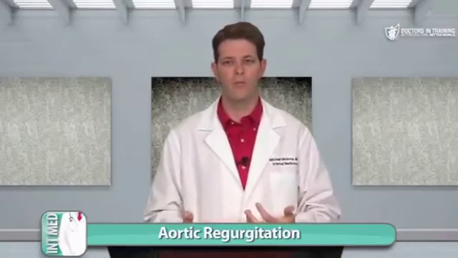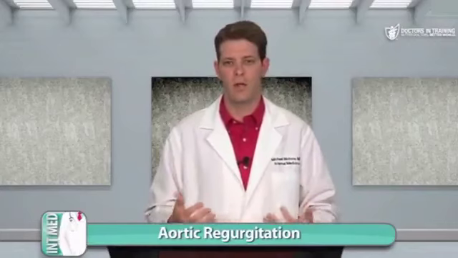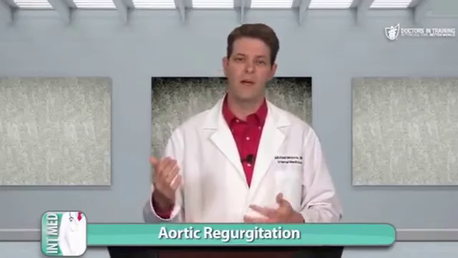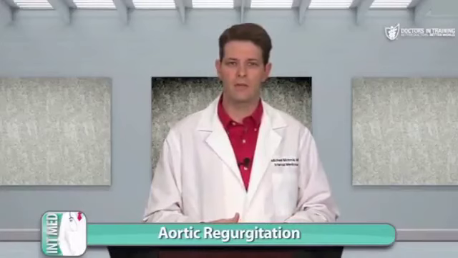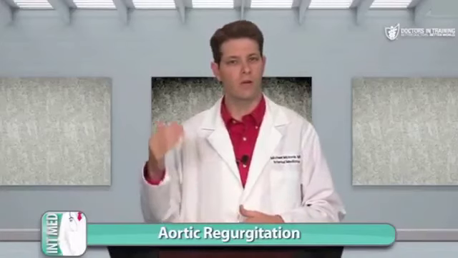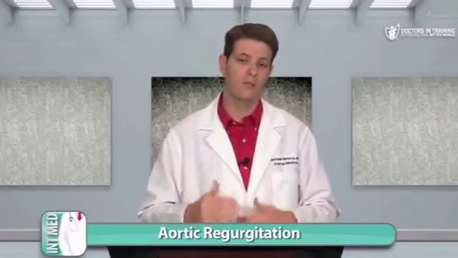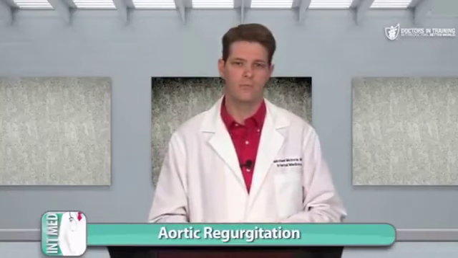So you get volume overload, and over time that's going to cause some left ventricular hypertrophy and left ventricular dilation. You get a large stroke volume with aortic regurgitation, but that diastolic pressure is going to drop off quickly as the blood is leaking back into the left ventricle. So you have a wide pulse pressure. You may have a very high systolic pressure and a relatively low diastolic pressure.